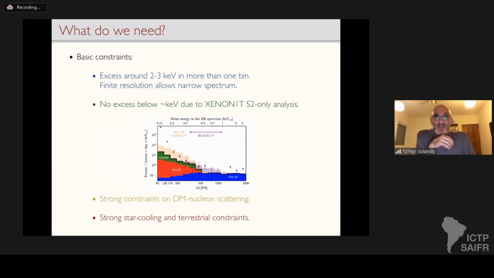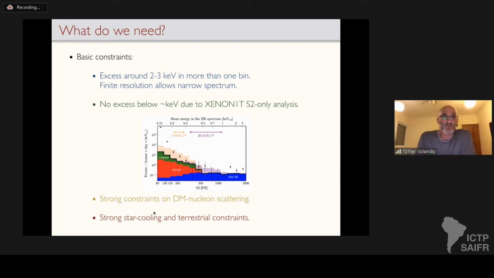And I'm going to run really quickly through the things that have been discussed. Bottom line, what we need is an excess around 2 to 4 keV. We cannot have an excess at lower energy because there's the Xenon1T S2-only analysis, there's a sensor analysis at even lower energy, and there's no excess there. So whatever new physics you have needs to be focused on this 1 to 4 keV.